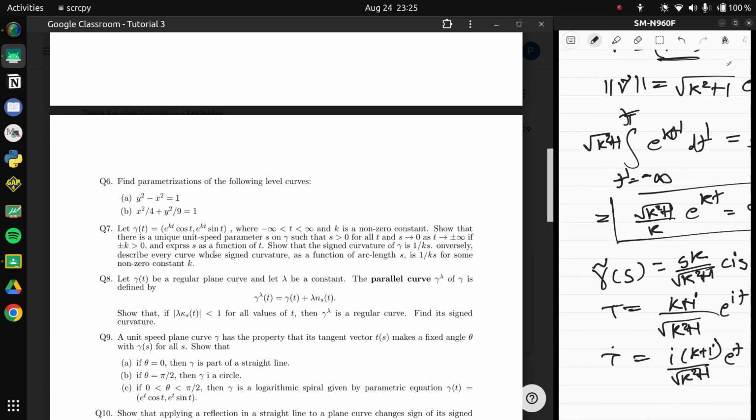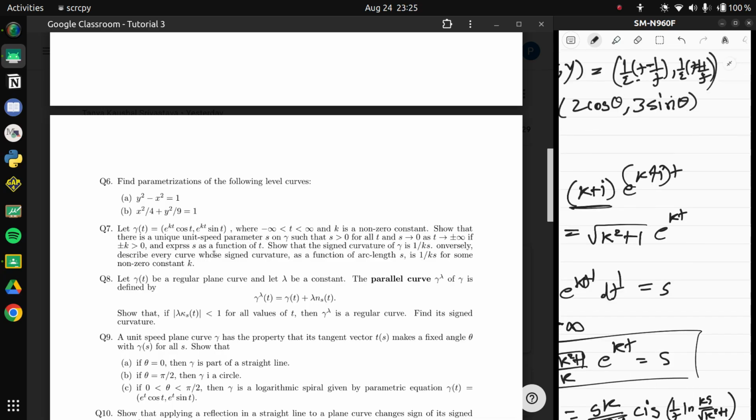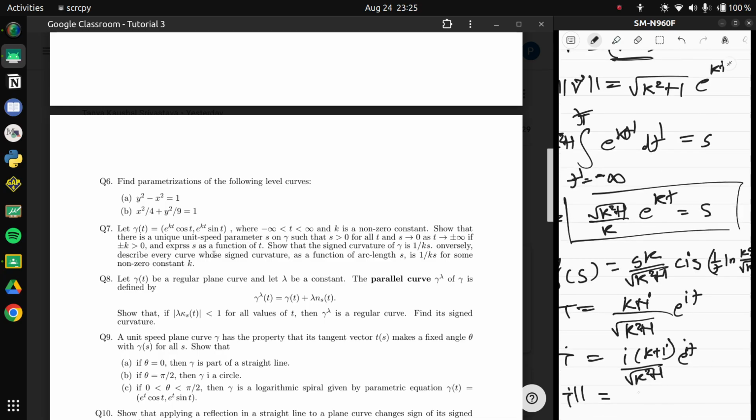Okay, so this upon the velocity, right? So in fact, we just figure out this magnitude first. It is 1 already.